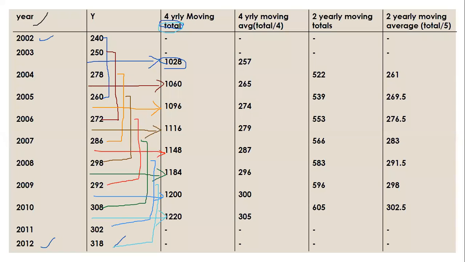Guys, wake up. I want everybody to reply. Divide by 4. So for these totals, we divide by 4: 1028 by 4, 1060 by 4, 1096 by 4. Why 4? Why are we dividing it by 4?